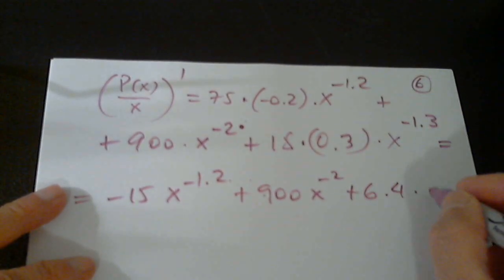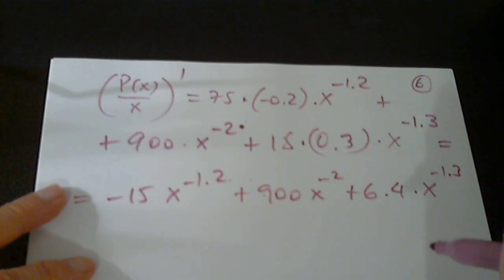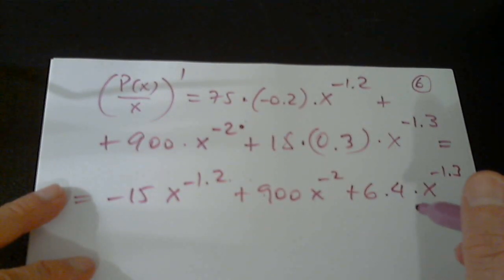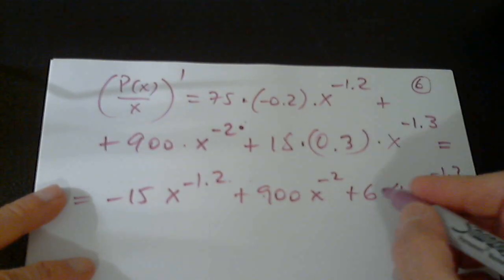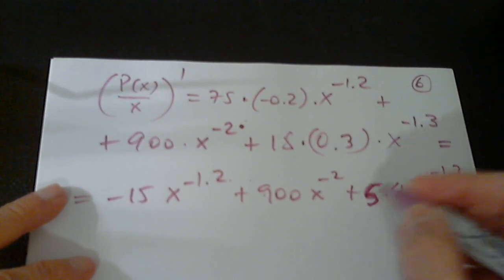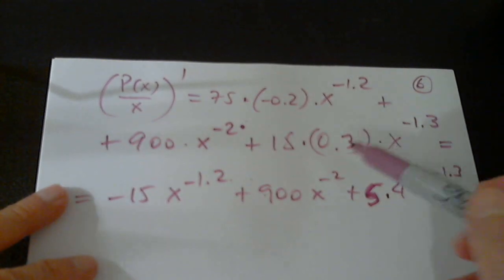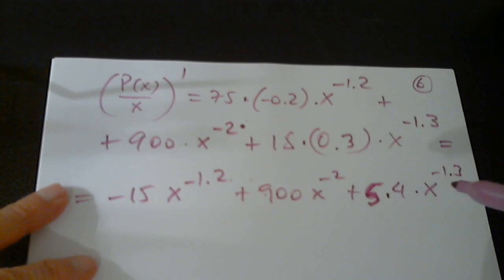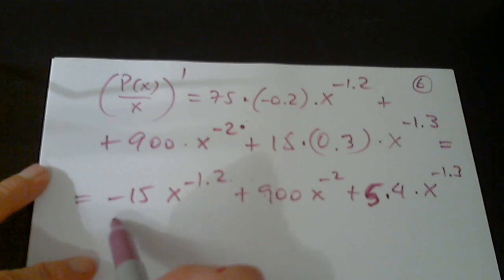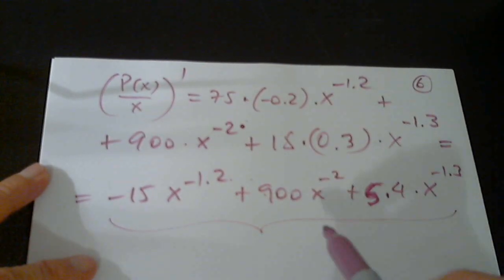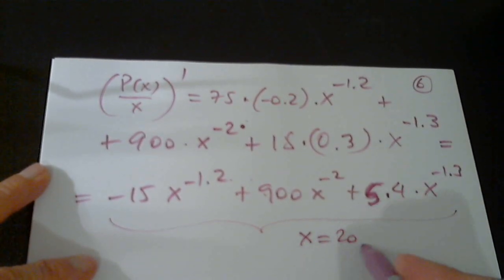Correct me if I'm wrong. 54, and 1 decimal. So one more time. Yes, 54. So this is the function in which I will replace x by 20.